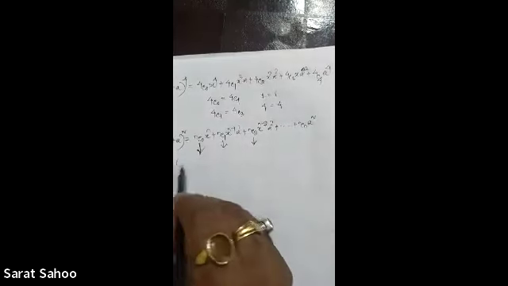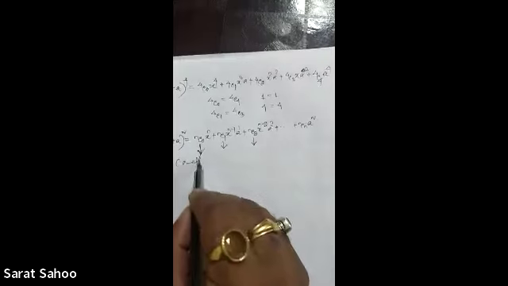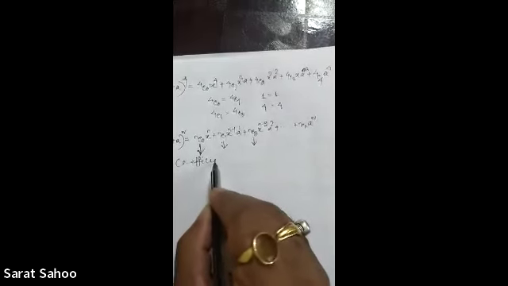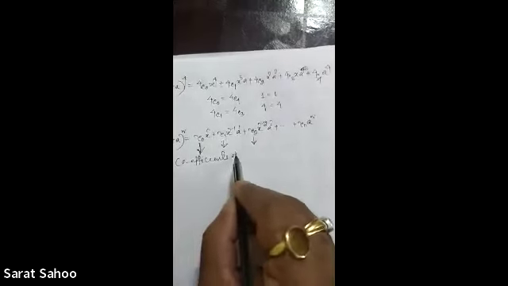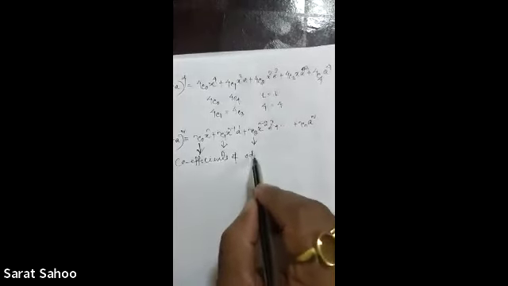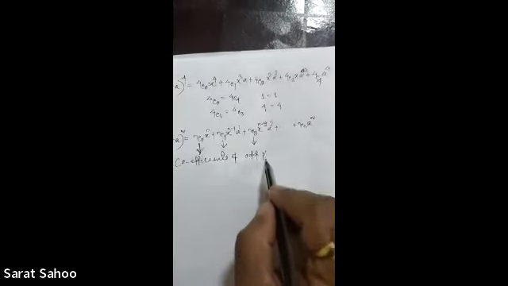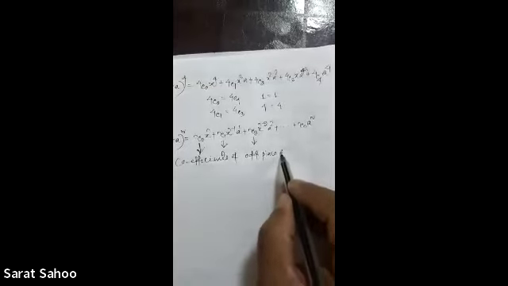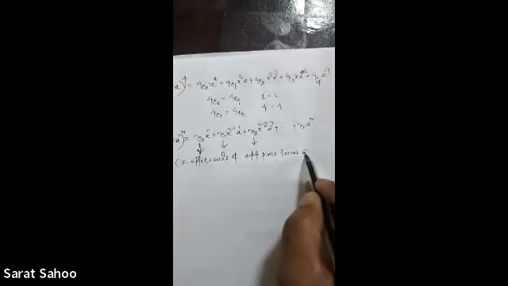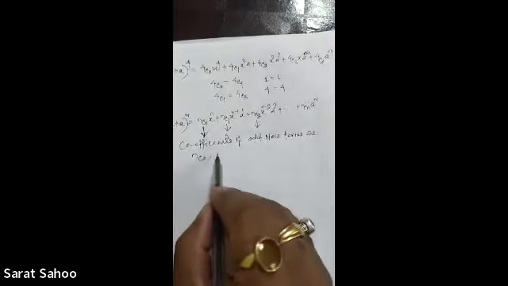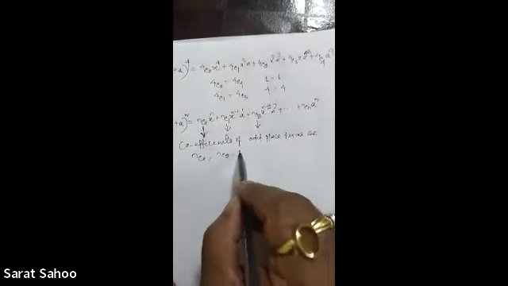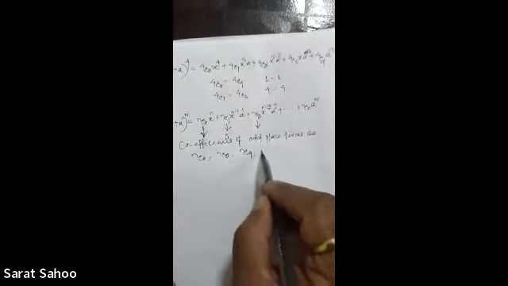So the coefficients of odd place terms are nC0, nC2, nC4, and so on.